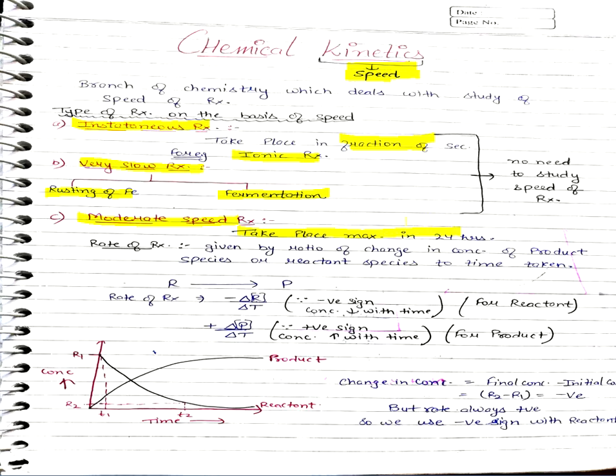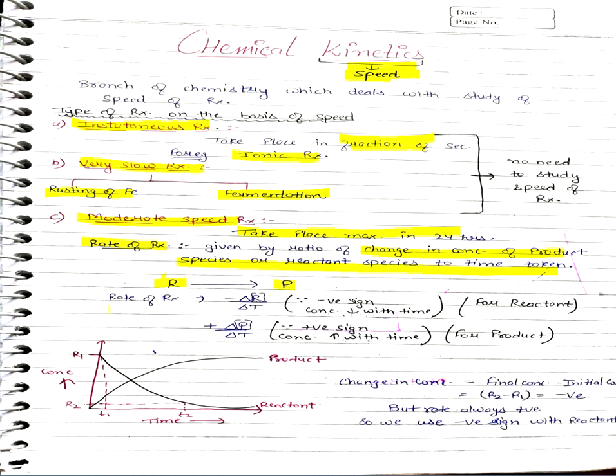So next point is the rate of reaction. How do we define the rate of reaction? It is the change in concentration of the reactant or product with respect to time, how much time is taken. For example, R is giving the product P, this is the reactant side and this is the product side.